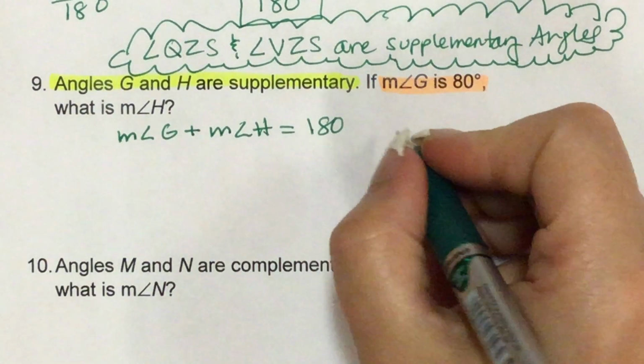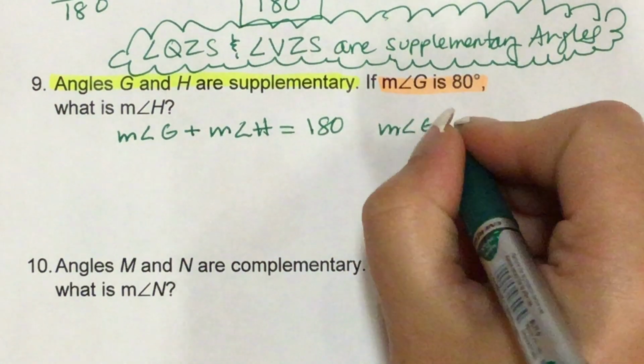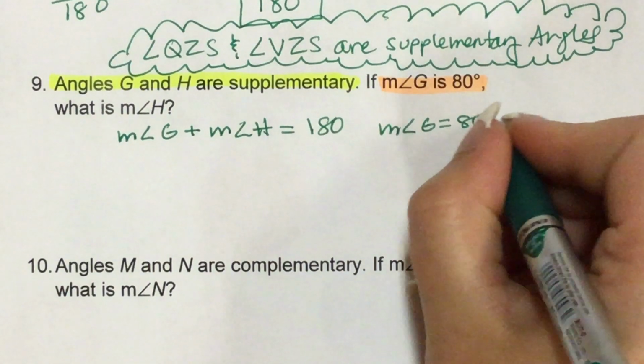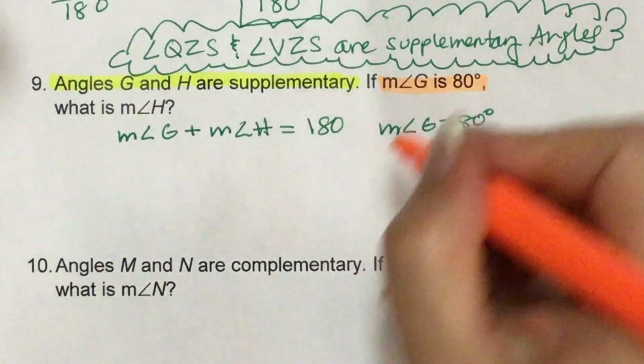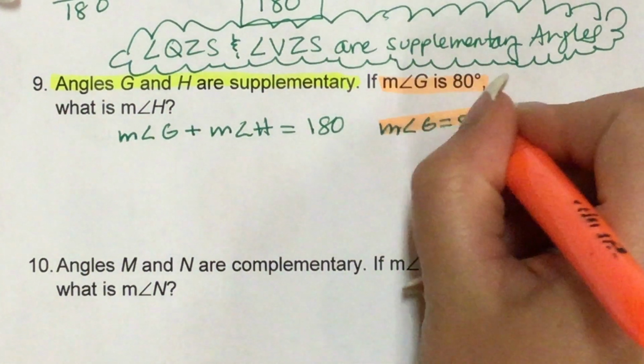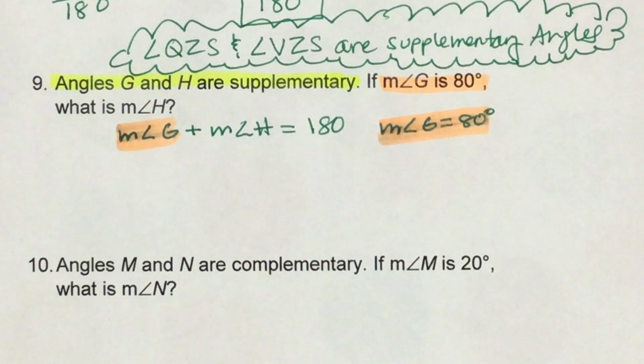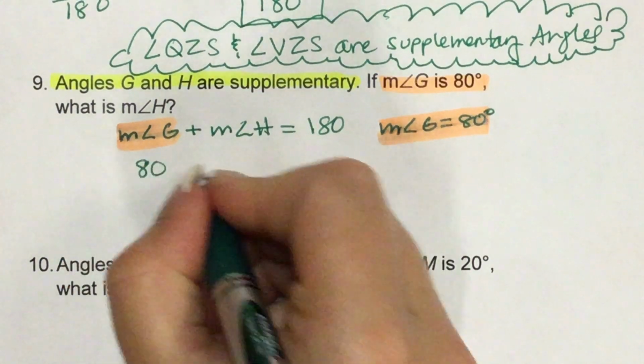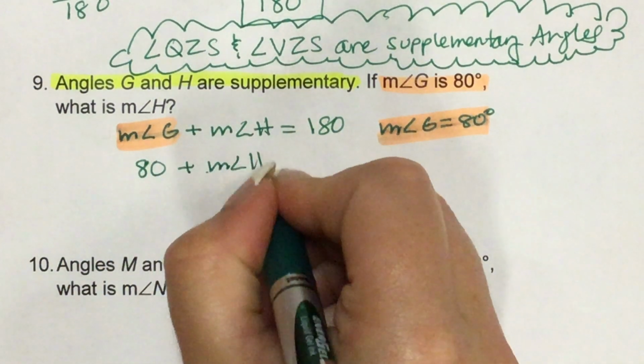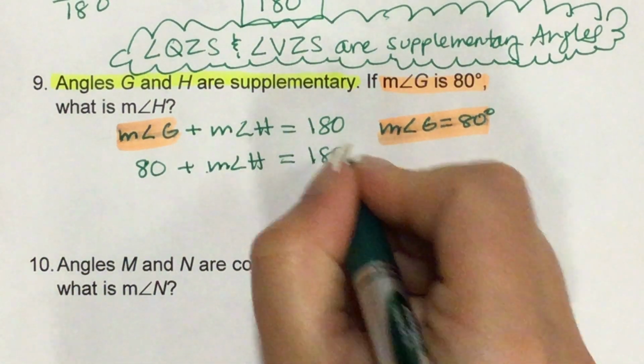So I'm going to define that right here. Measure of angle G equals 80 degrees, okay? And then we're going to substitute that value in right here for the measure of angle G. So we have 80 plus the measure of angle H equals 180.